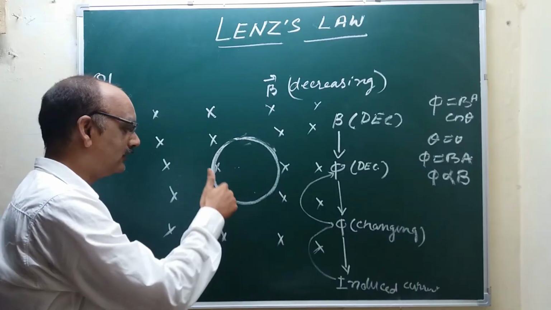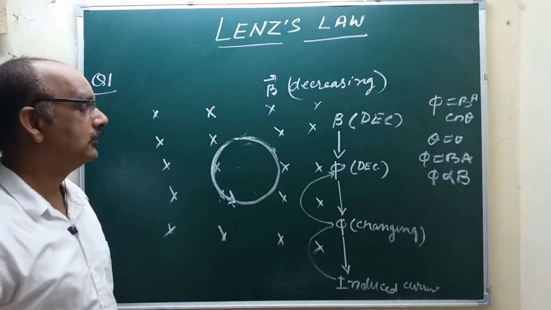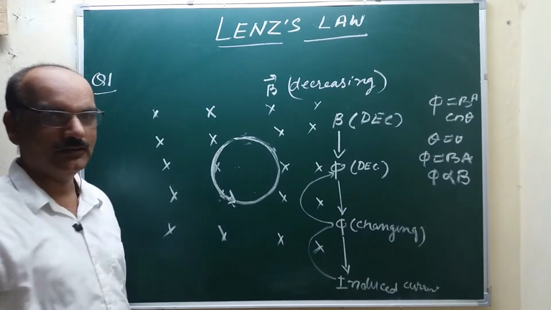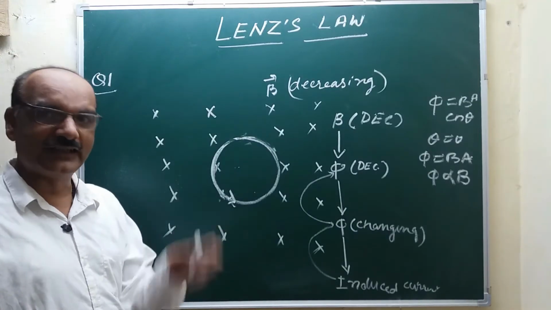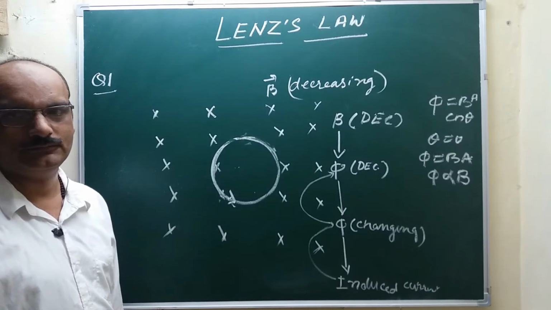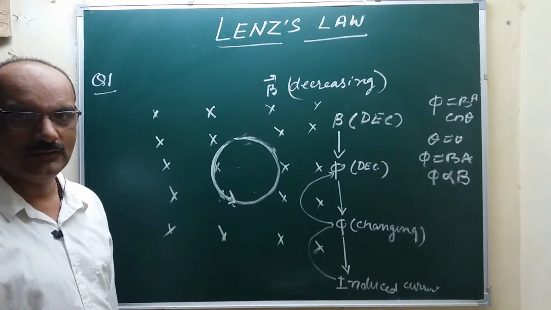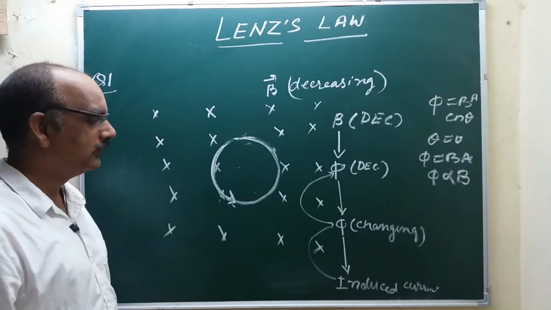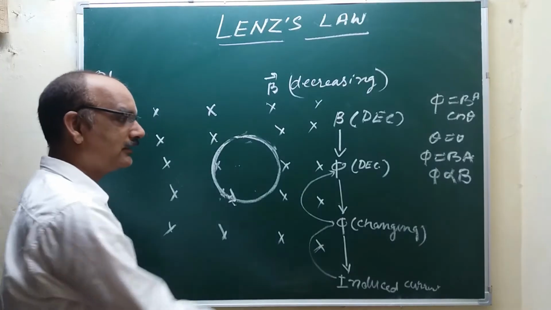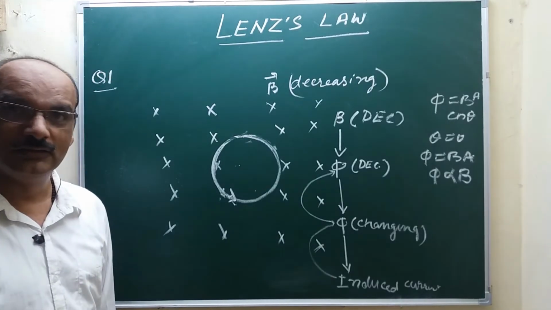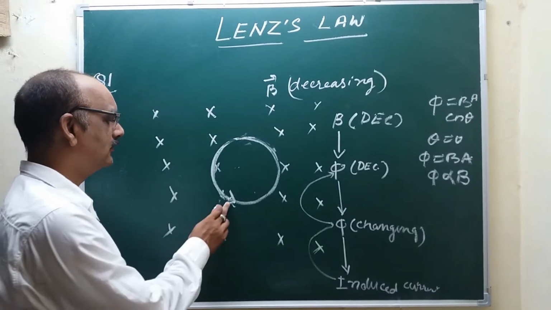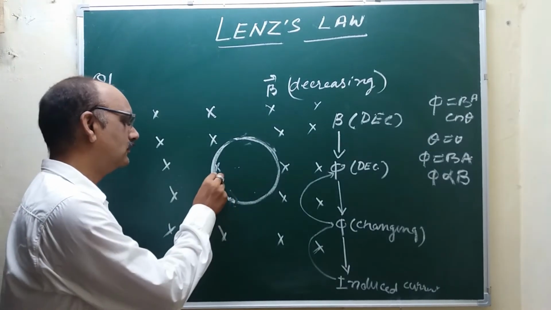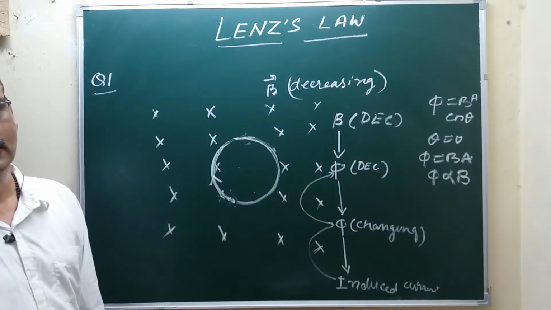This induced current will support the decrease in the flux. जो फ्लक्स पहले डिक्रीज हो रही थी उसको और डिक्रीज करेगा. क्लियर? लेकिन अकॉर्डिंग टू लेंज लॉ, डायरेक्शन ऑफ इंड्यूस्ड करंट इज सच दैट इट विल अपोज द कॉज. कॉज क्या है? डिक्रीज इन द फ्लक्स. तो डायरेक्शन विल बी क्लॉकवाइज.